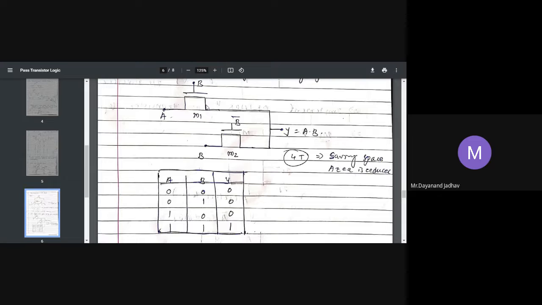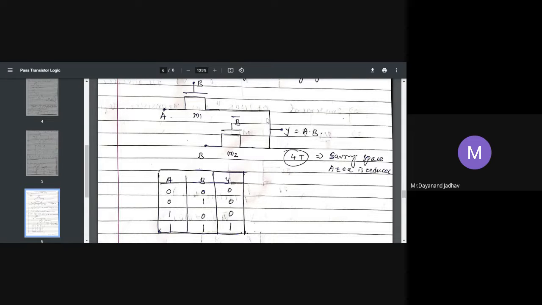Therefore, for the requirement in static logic, 6 transistors are required to implement A and B. But when we consider the pass transistor logic, only 4 transistors are required. Means the extra two transistors are not there, so it saves space when we design using an integrated circuit.